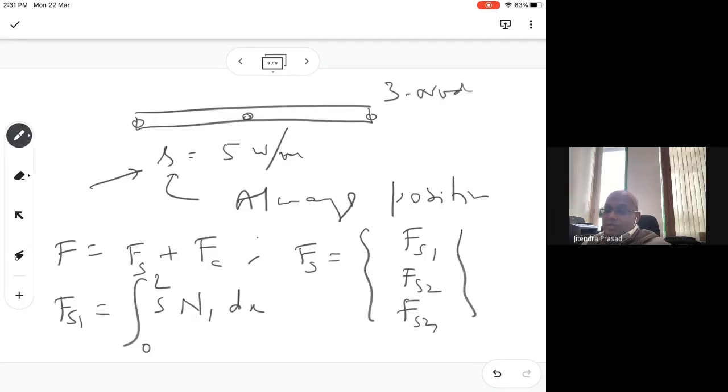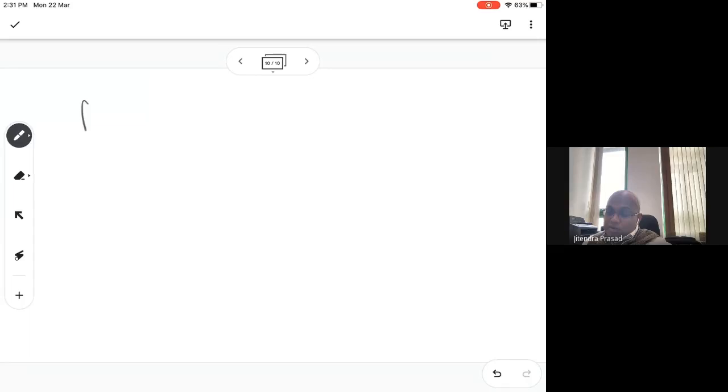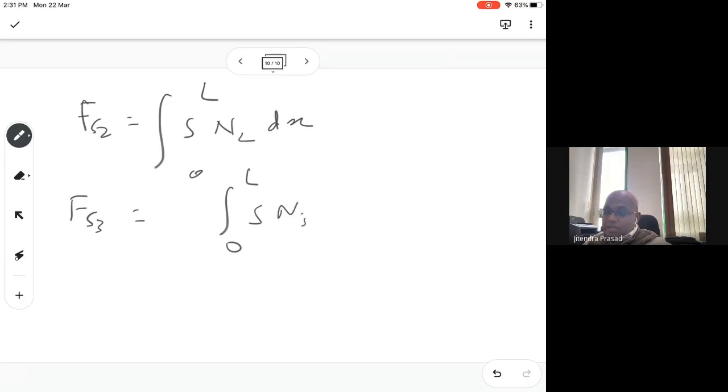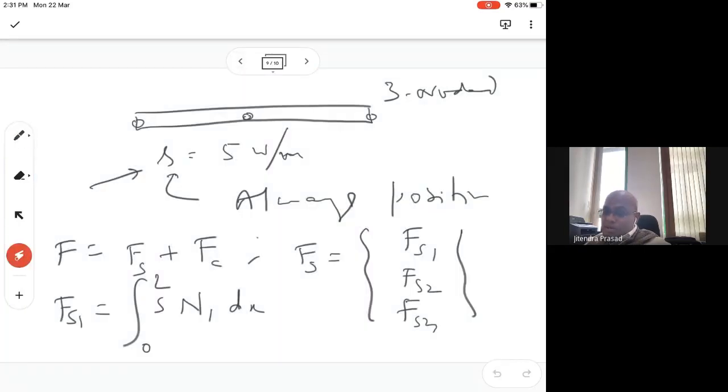I'm assuming this is 3-noded. Then Fs2 will be nothing but the integral of S N2 dx from 0 to L, and Fs3 will be the integral from 0 to L of S N3 dx. And then you add both kinds, the one coming from the concentrated load and the one coming from the distributed load. You add them together, you get the force vector.